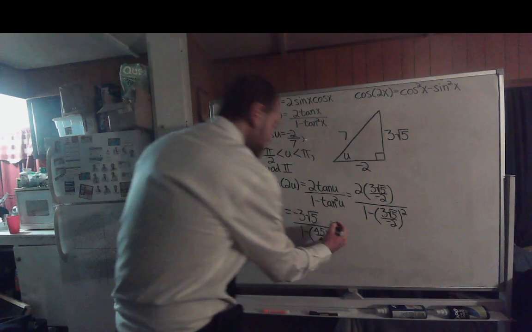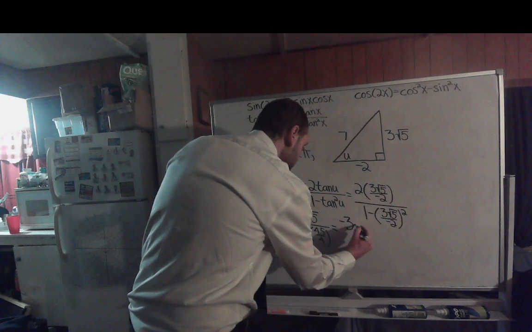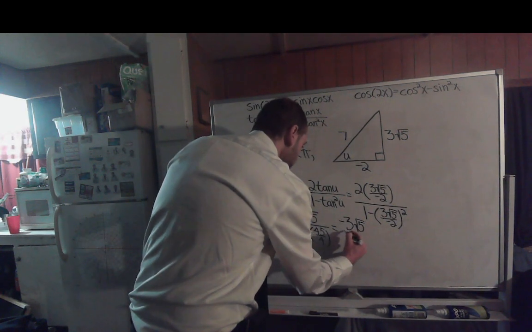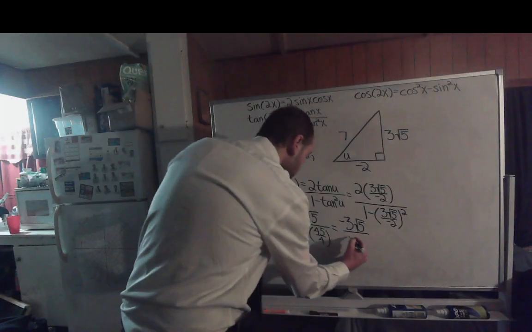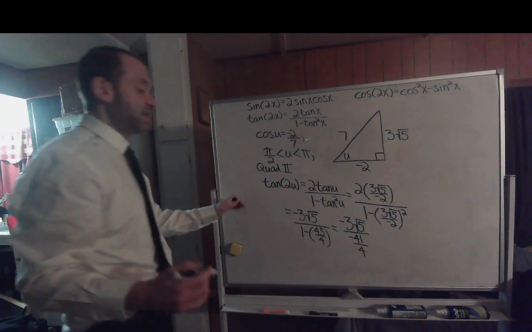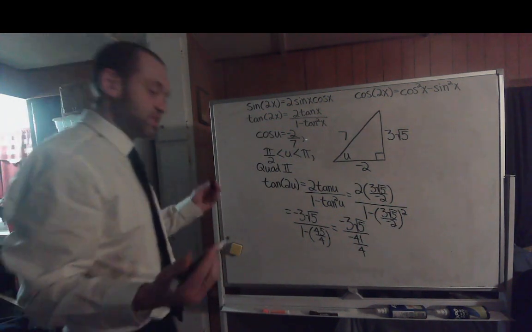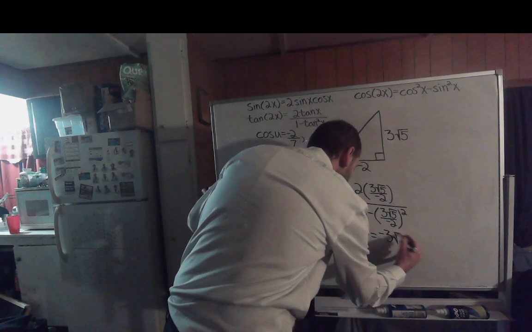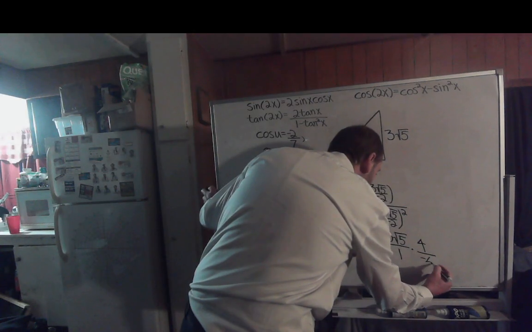Okay, so let's simplify the denominator even more. You'll end up having negative 3 times the square root of 5 over negative 41/4. So now you just have a complex fraction. We just invert and multiply. So this should be negative 3 times the square root of 5 over 1 times 4 over negative 41.